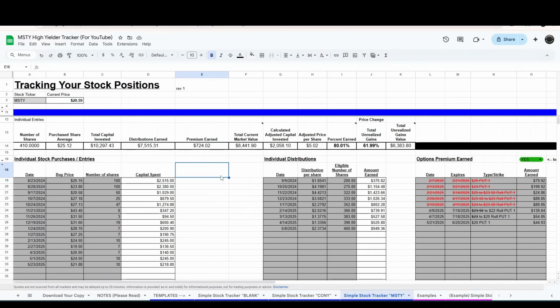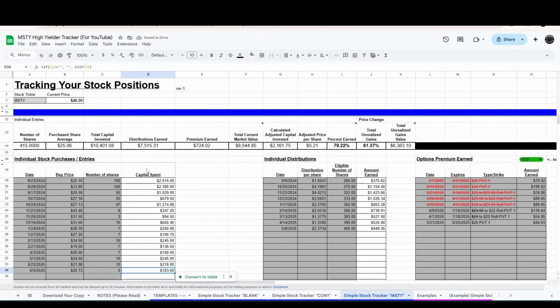Now let's just go ahead and start plugging in my new purchases and the distribution that we did earn. So to enter my purchase, I enter in the date here, and I did purchase these shares on 6/5 of 2025. The price that I did purchase those shares at was $20.73. How many shares did I purchase? I only got 5 shares.